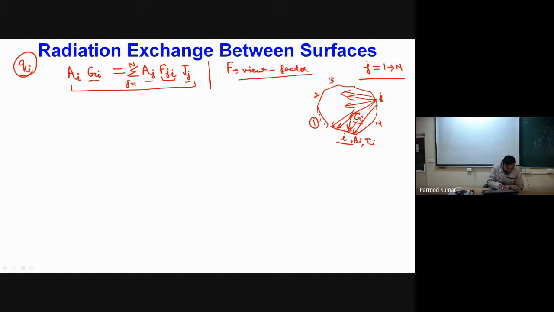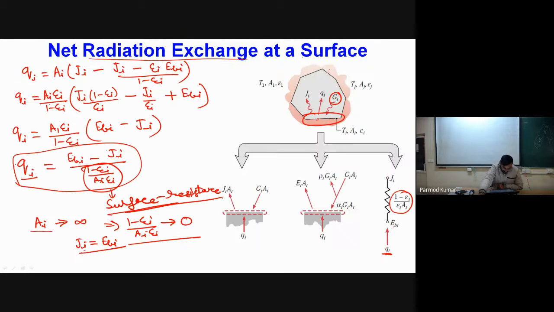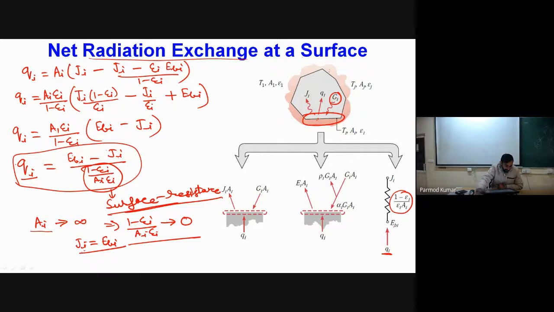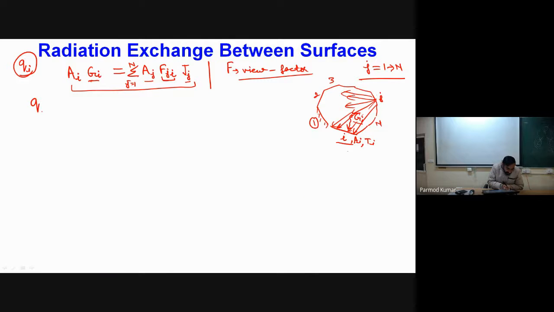So now this is the relation which I have got. And now you can see from the previous formulation, the radiation exchange at surface i can be given by Qi equal to Ai times (Ji minus Gi). So if I use this general equation, I can write Qi equal to Ai into (Ji minus Gi).